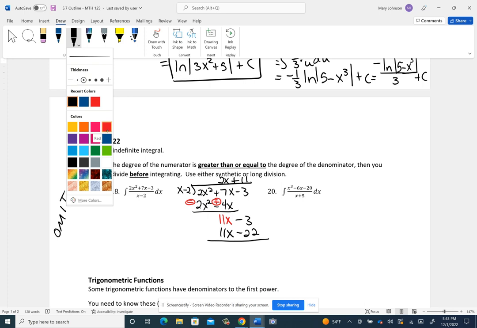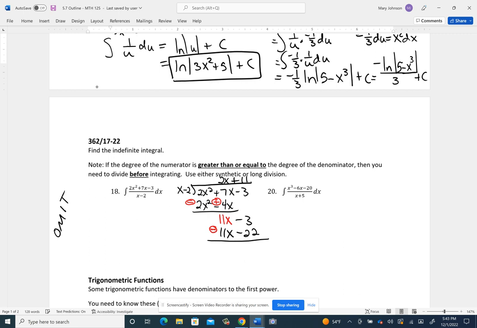So I'm going to subtract now. That's like having a negative 1 that I'm going to distribute throughout. So that would change this to negative 11x and make the negative 22 into positive 22. So I'm going to add straight down now, and a negative 3 and a positive 22 would give me a positive 19 at that point.